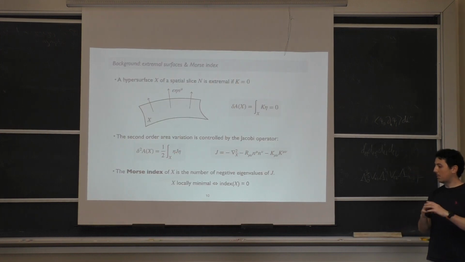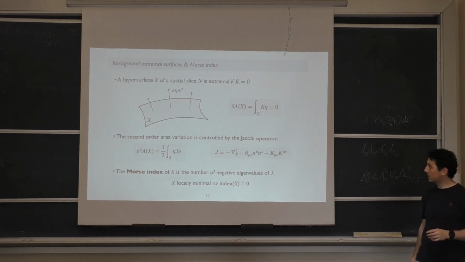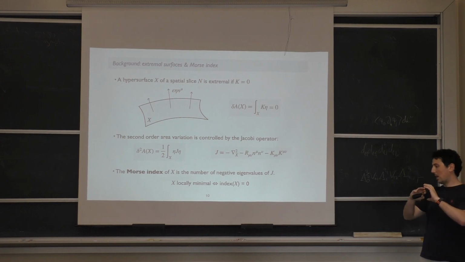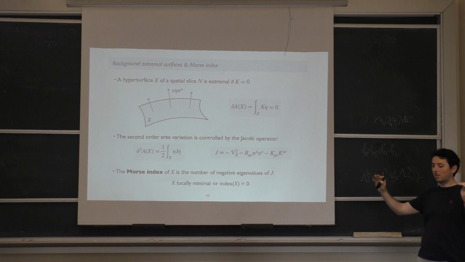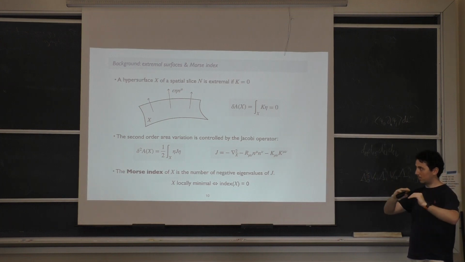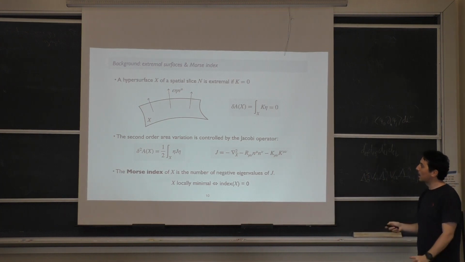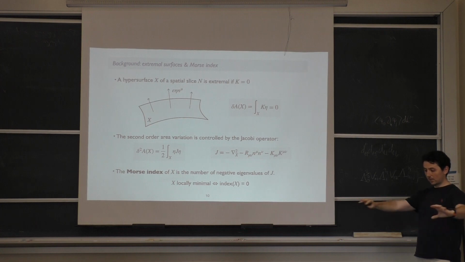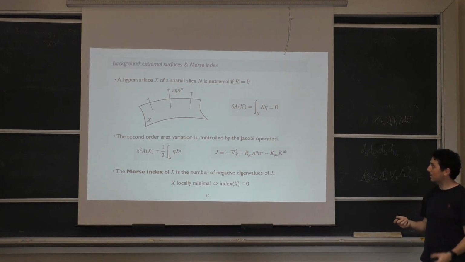So let me start with some basic facts about extremal surfaces. So I will just be restricting to time reflection symmetric Cauchy slices. So my full space will be some slice on space-time. A hypersurface on this space is just a codimension two surface on space-time.